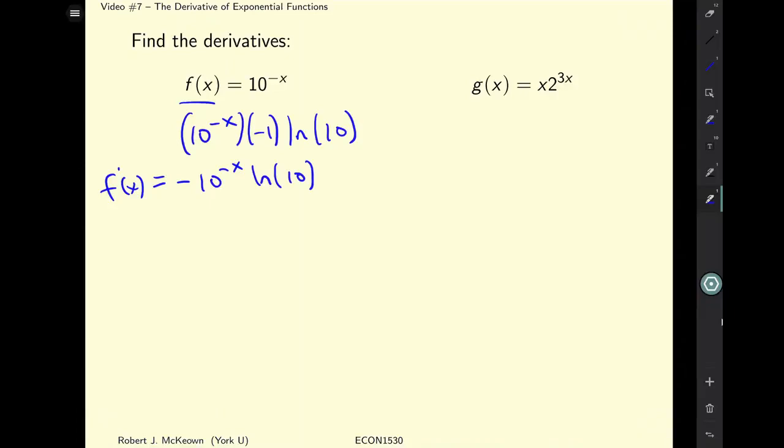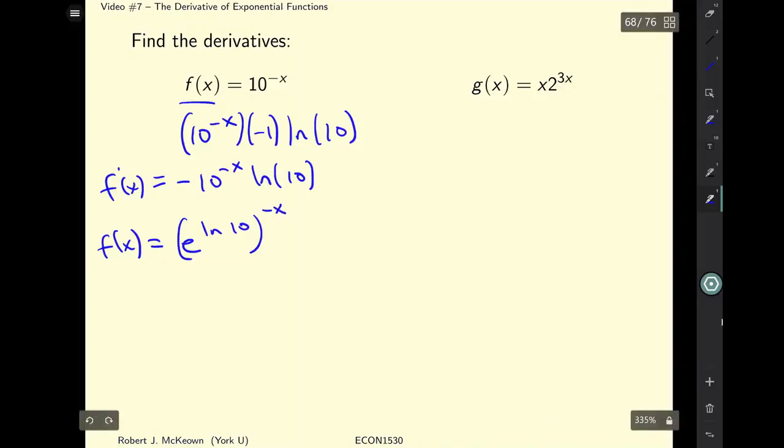Now, I could do it the long way, right, like we did before. I replace 10 with e^(log 10). Right, the negative x is multiplied by the exponent according to the exponent rules.